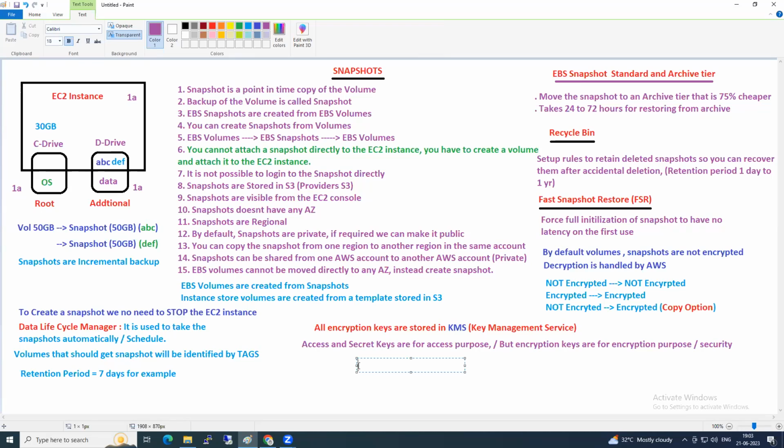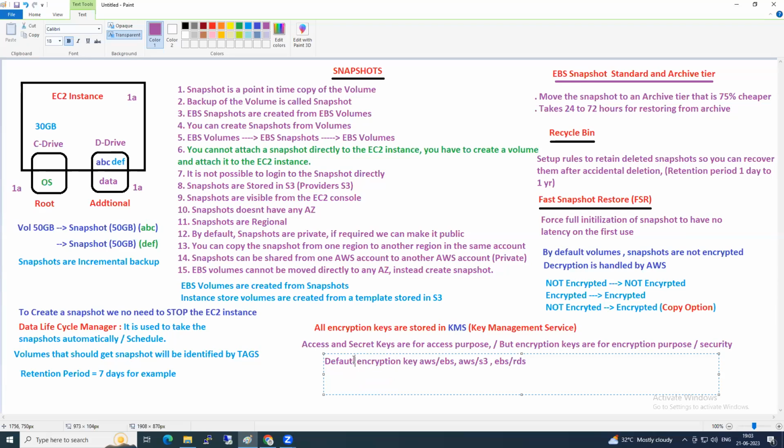There is a question: use the same KMS for the middle one? Yes, any kind of encryption. There will be default keys. Default encryption keys like AWS/EBS if you want to encrypt EBS, or AWS/S3 if you want to encrypt S3 buckets, or AWS/RDS for RDS.